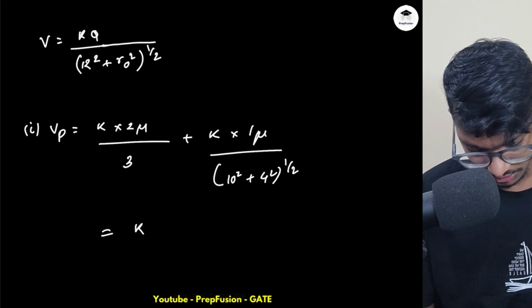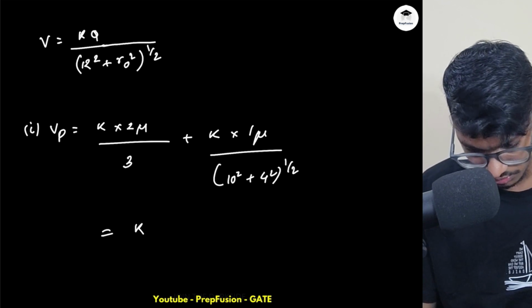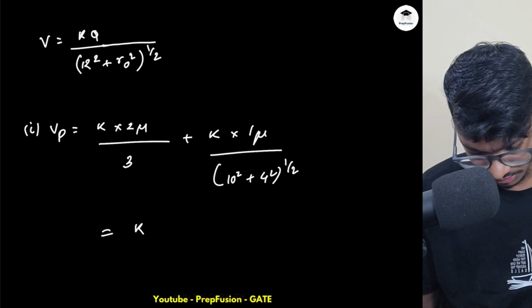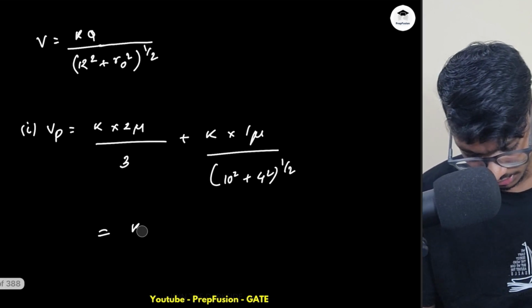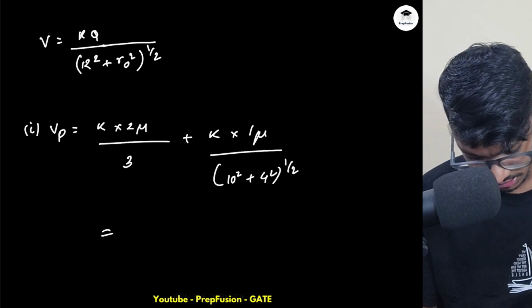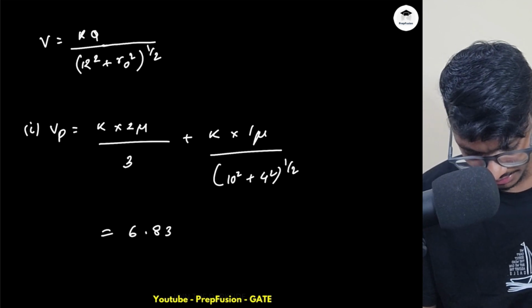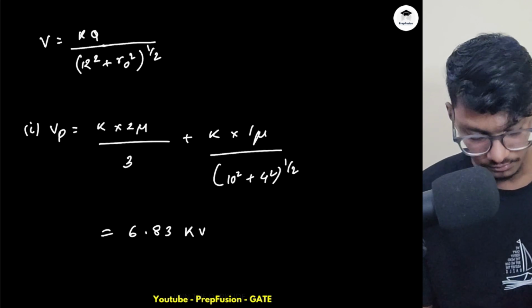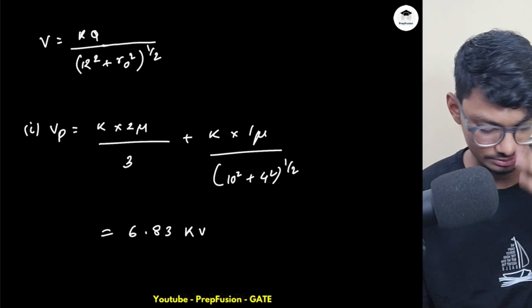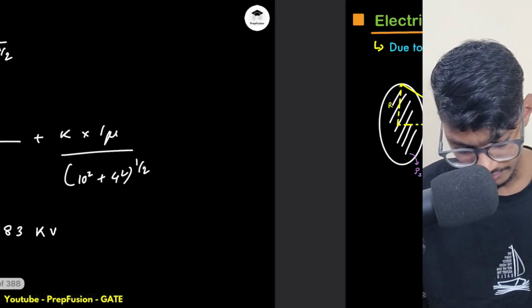So this will come out to be K into, and micro is there, right? So K is 9 into 10 to the 9, what do I get? 6.8. So this will come out to be 6.83 kilovolt. Actually huge voltage, because 10 raised to power 9 is there and 10 raised to power minus 6, so it will be 10 raised to power 3. So VP will be this.